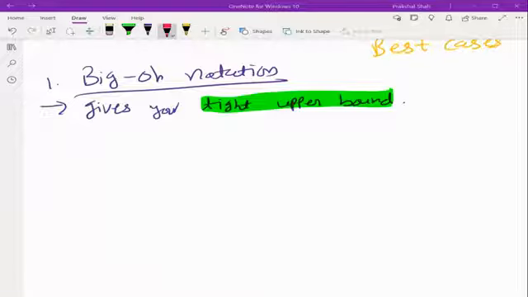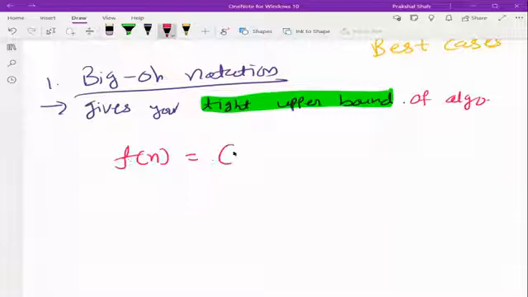Now, since big O gives the upper bound of my algorithm, it is represented by f of n equals big O of g of n.